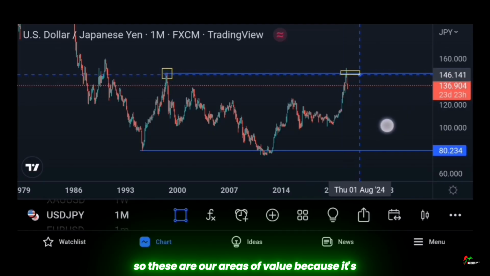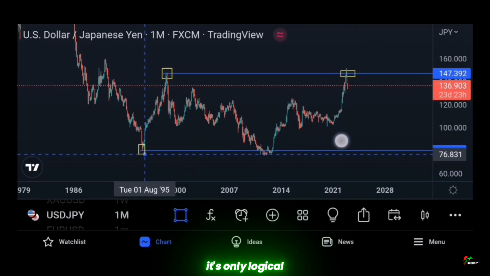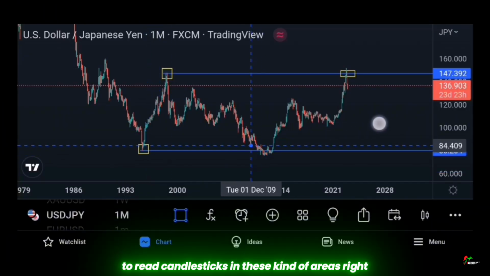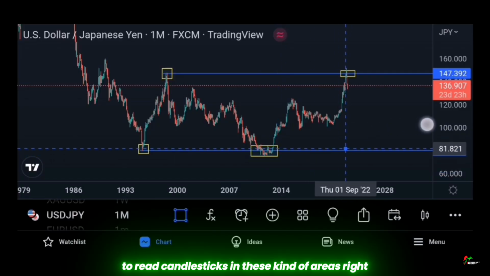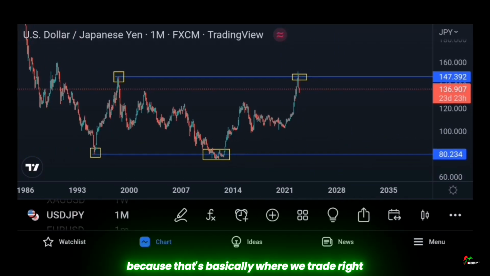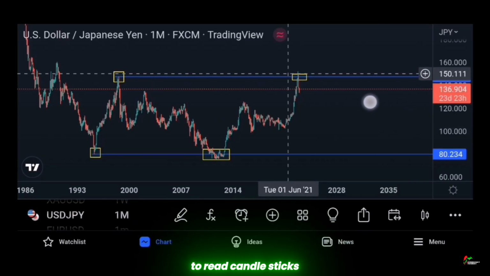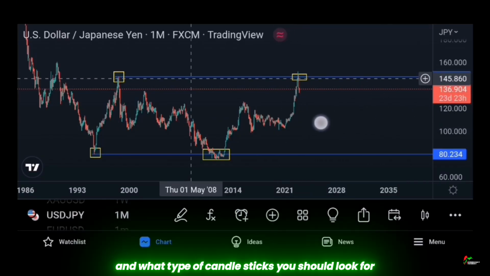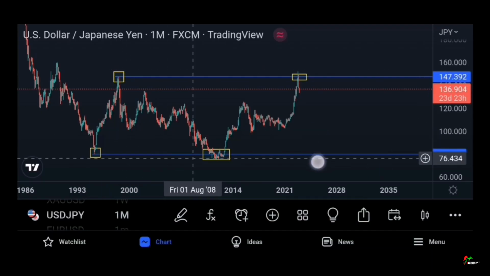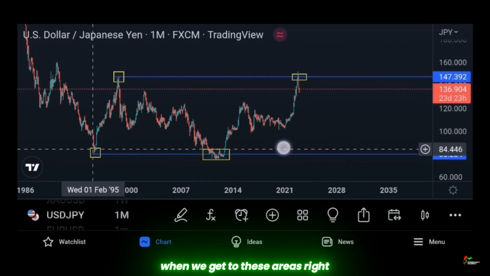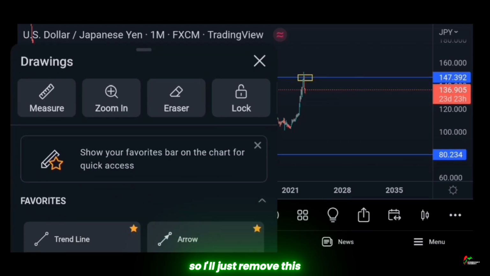These are our areas of value, because it's only logical to read candlesticks in these areas, because that's where we trade. I'm going to teach you to read candlesticks and what type of candlesticks you should look for when we get to these areas. So I'll just remove this.